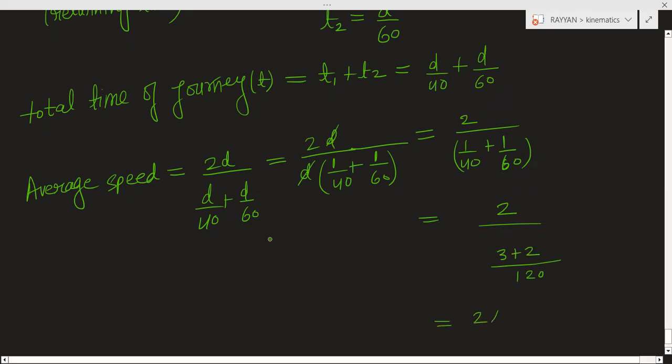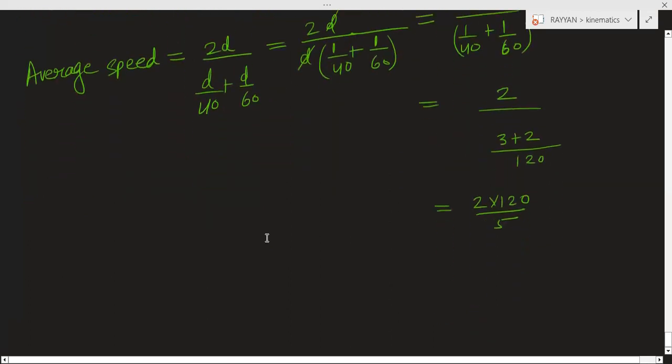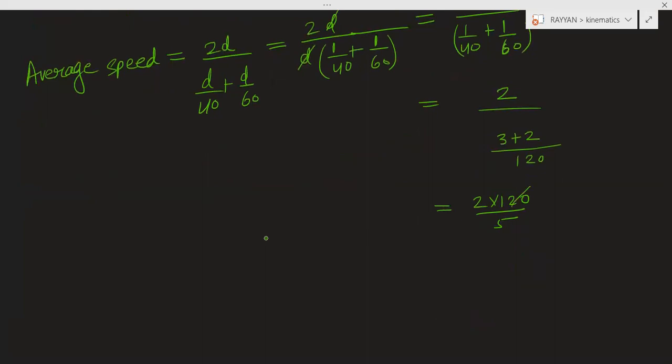So this 120 will be in the numerator and here will be the 5. When you cancel this with 5, it will become 48 kilometer per hour. 48 kilometer per hour will be the average speed.